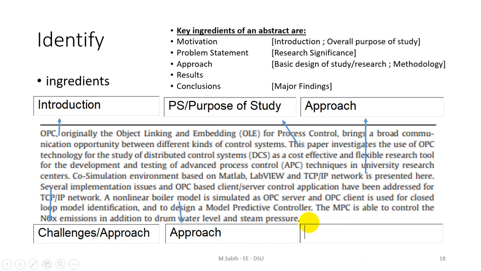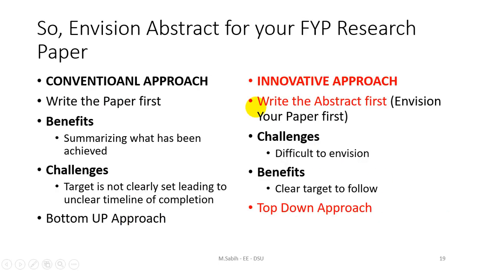And the final one is, the MPC is able to control the NOx emissions in addition to the drum water level and the steam pressure. Of course, this is result. So this was the result. So envision the abstract for your FYP research paper. It's important. The conventional approach is normally followed, but you have to have a vision, to have an abstract in mind.